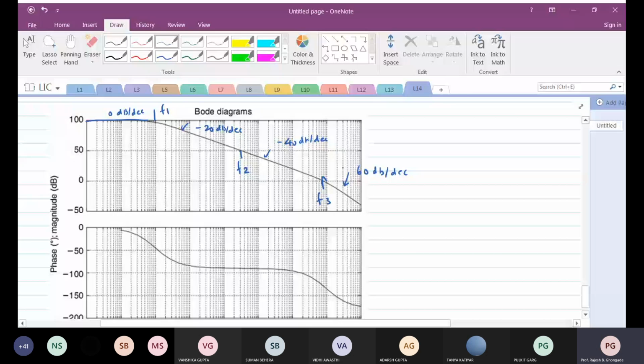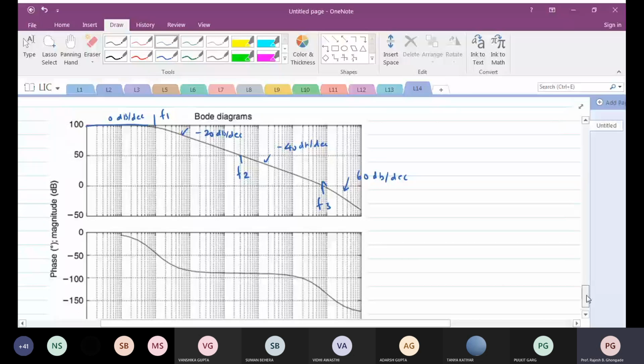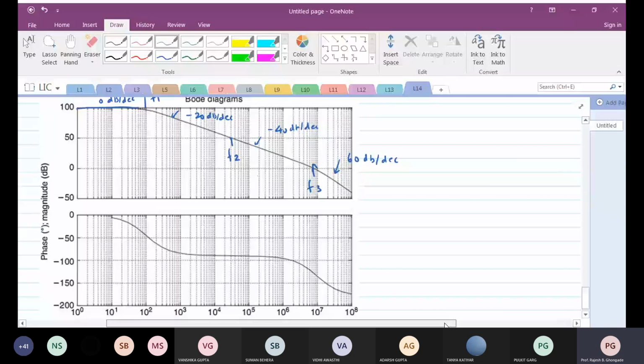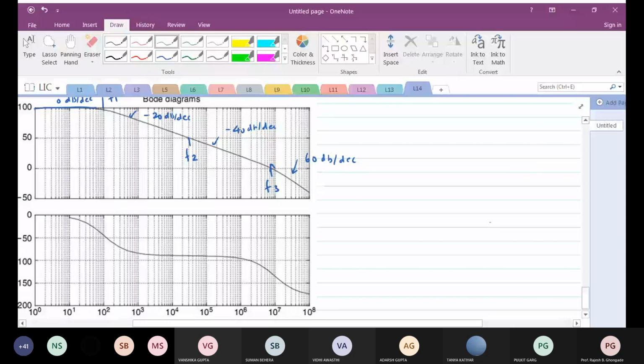If you look at the frequency response, it is always accompanied by the phase response, the phase change. So here also we have a similar kind of behavior. Now, interesting thing about any system, again, you learn that in control systems, the change in the response at particular frequencies has a certain effect.